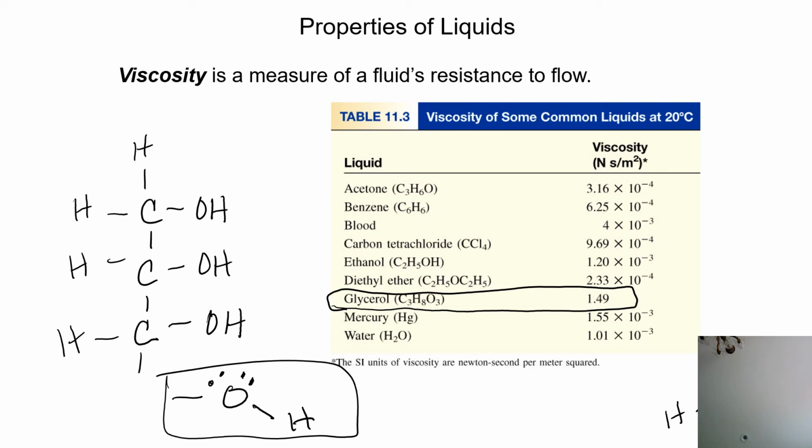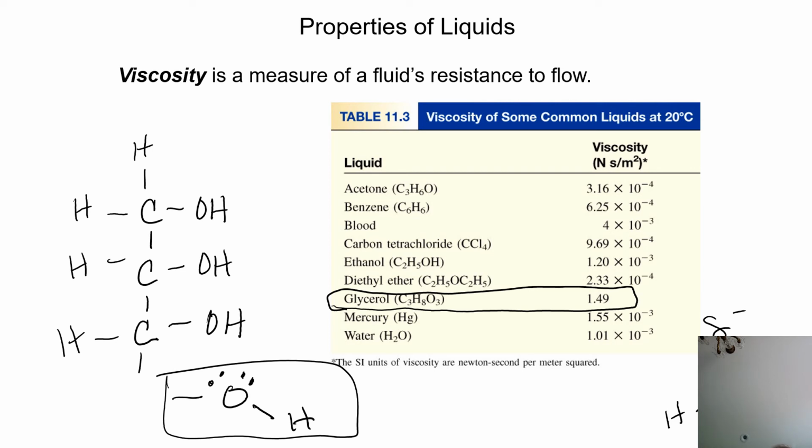What can happen? Can glycerol hydrogen bond? Yes, it can. And it has more ability to hydrogen bond than a water molecule. And if anyone knows what glycerol looks like when you try to pour it, it is very thick or viscous.